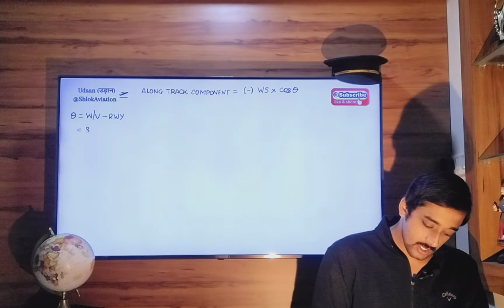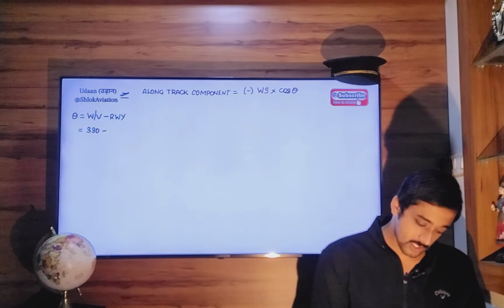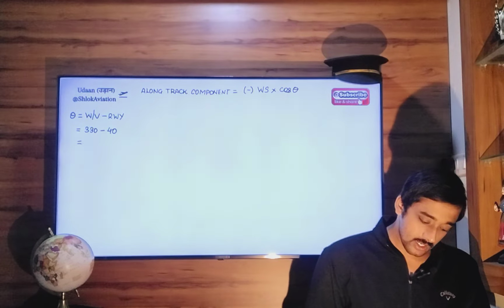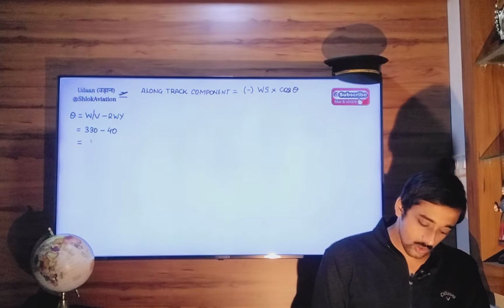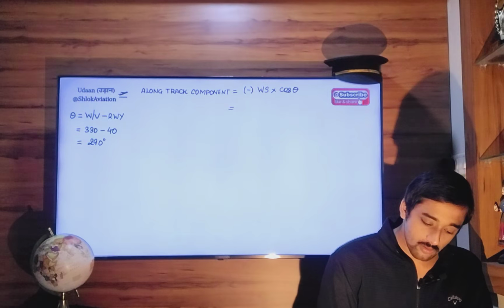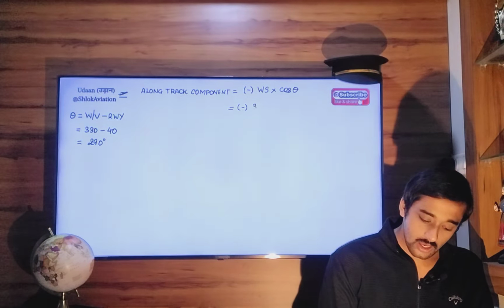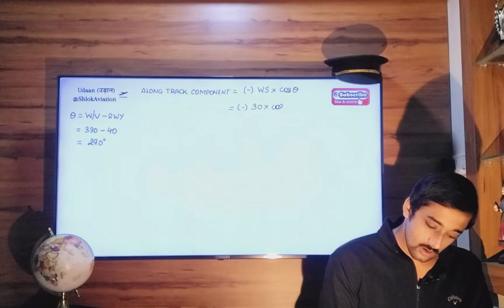So winds are 330, runway in use is 04, that means 40 degrees. So 330 minus 40 is 290 degrees. So along track component equals minus wind velocity 30 knots into cos of 290.